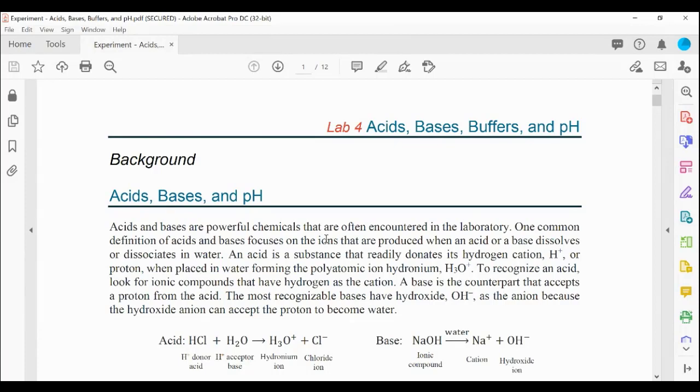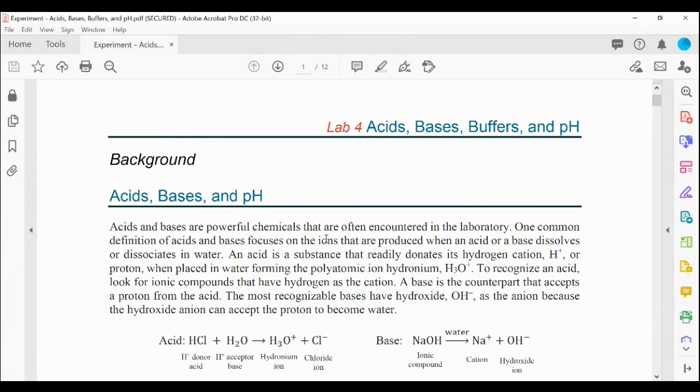And Arrhenius also defines an acid as a substance that produces H+ ions, protons, in aqueous solution. This is one definition.